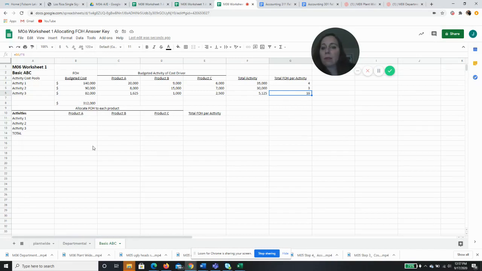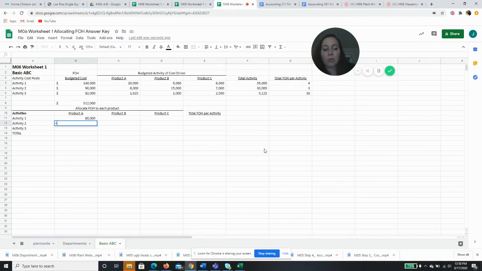So then the final step is we're going to allocate out our factory overhead costs. So product A uses 20,000 units of activity 1 times our factory overhead per activity of 4. So product A is going to get $80,000 of factory overhead costs related to its use of activity 1.